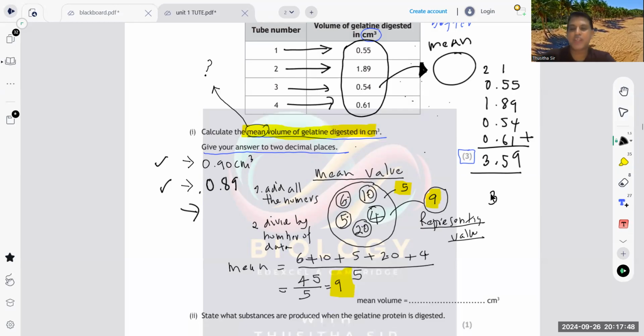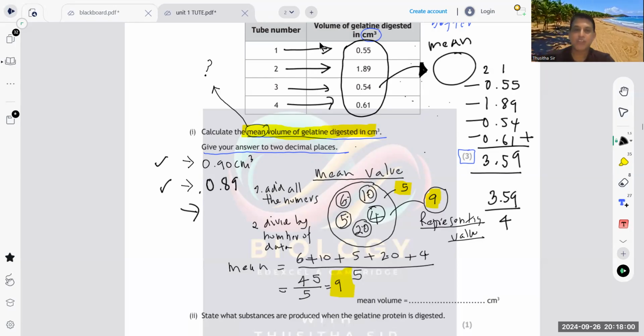So 3.59, you have to divide by 1, 2, 3, 4 numbers. 3.59 you have to divide by 4.